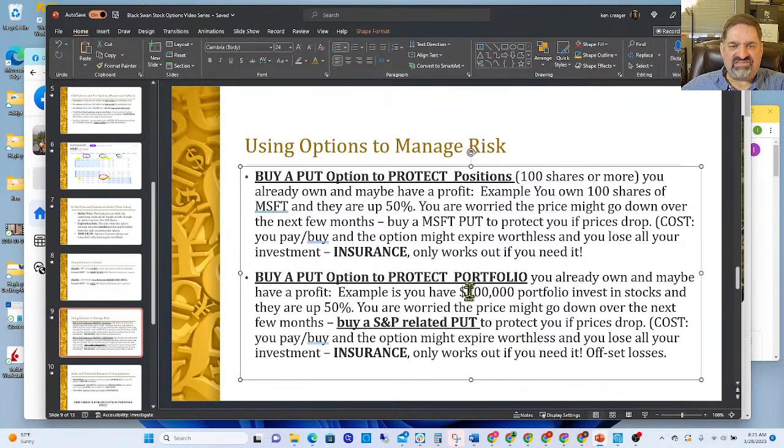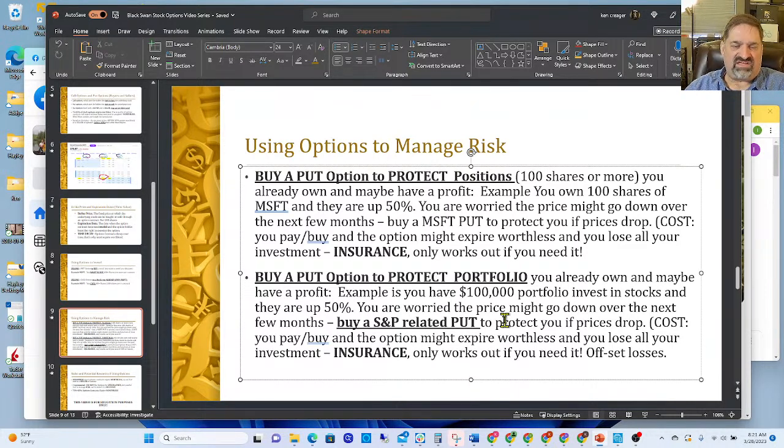So say, for example, you have a $100,000 portfolio invested in stocks and they're up pretty good, they're up 50% or 100%. And so for the S&P, there are S&P related ETFs that have options on them. So you could go find one, or maybe you're mostly invested in tech stocks.